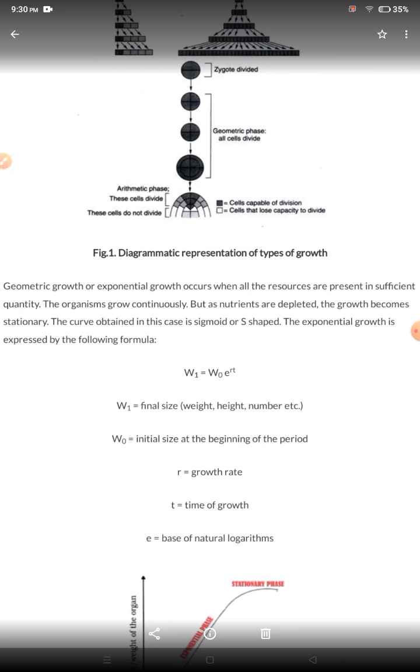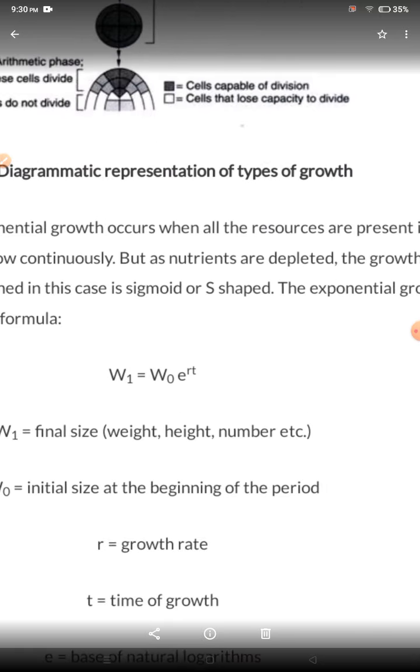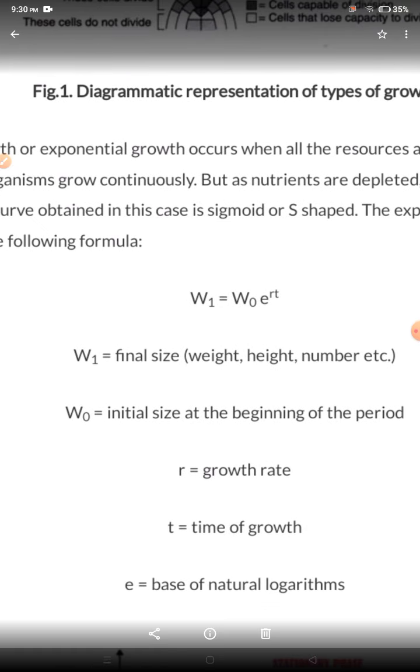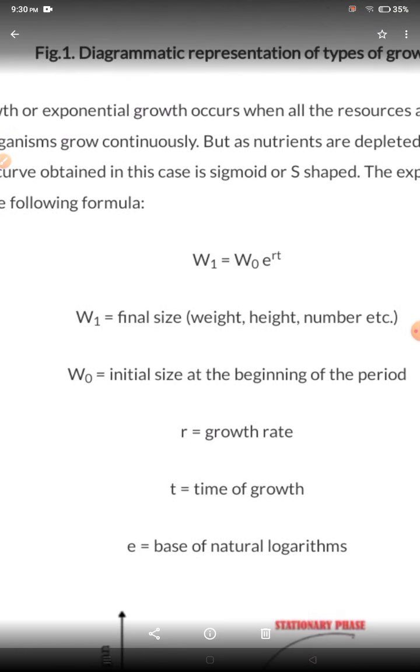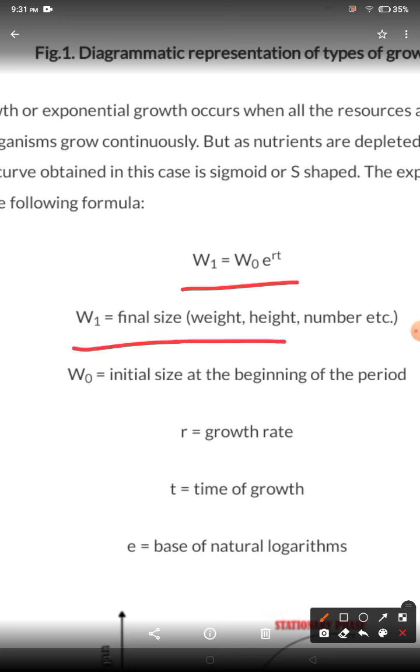Exponential growth is expressed by the following formula. W1 = W0 e^(rt). W1 represents the final size or weight.